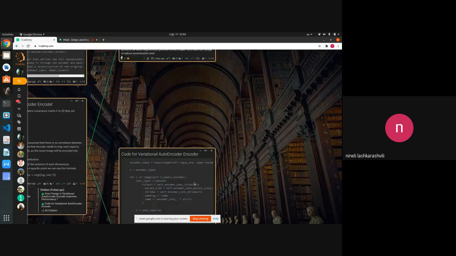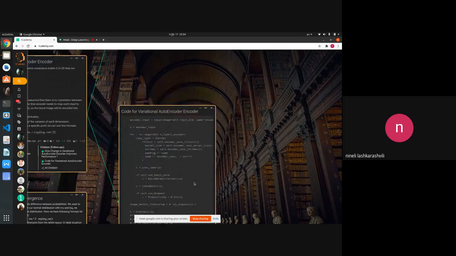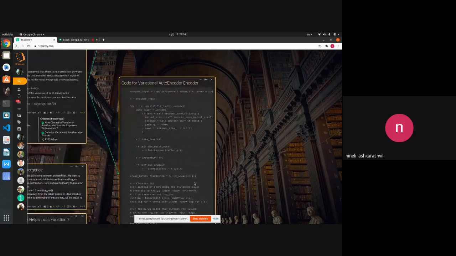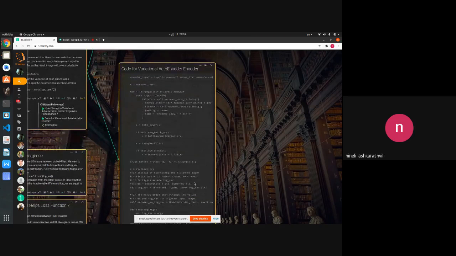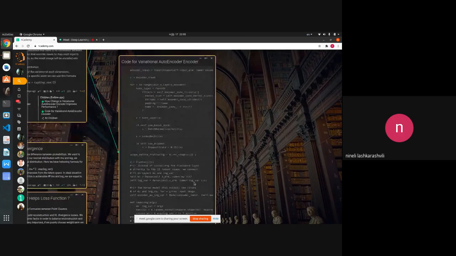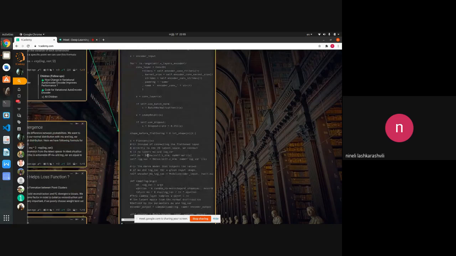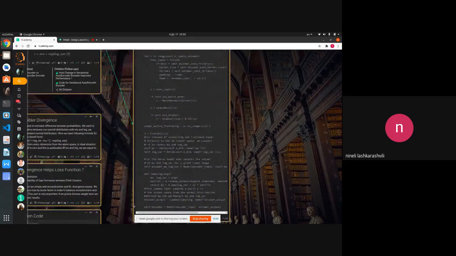And I also provided a simple code for the variational autoencoder encoder. And as you can see, we have here these changes, self.mu and self.log_var, and also here this sampling. It differs from the standard autoencoder encoder structure.